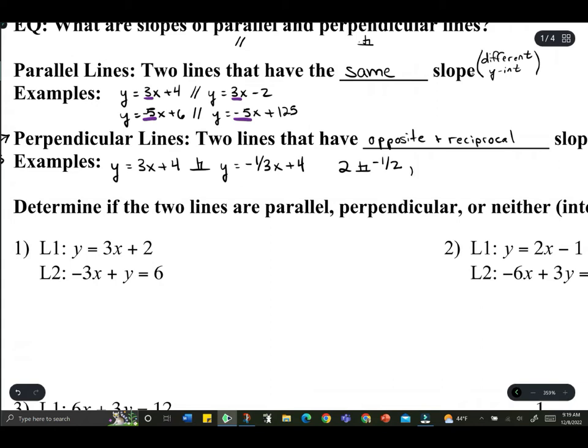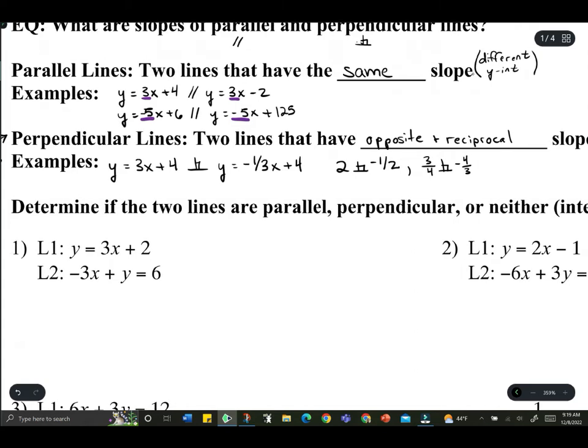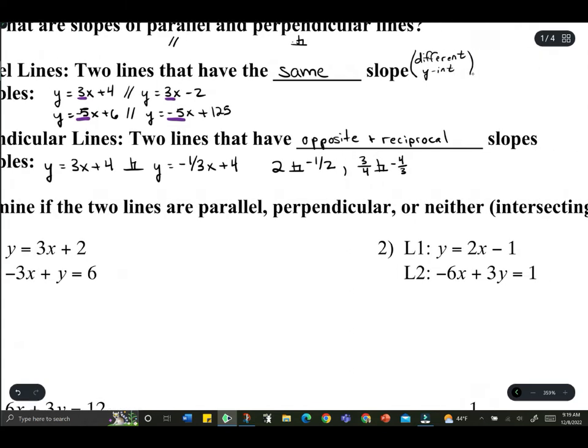A slope of 3/4 would have a perpendicular slope of negative 4/3. See what we're doing? We're reciprocating, so switching the order and making one negative. A slope of negative 6 would be perpendicular to positive 1/6.